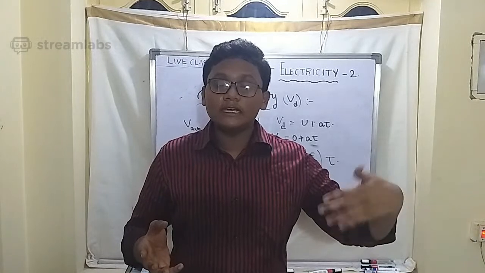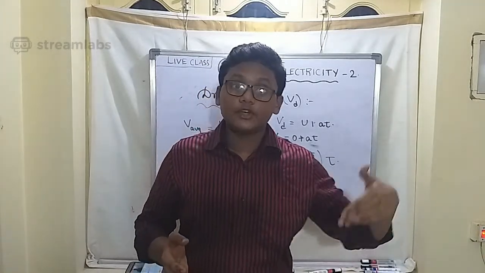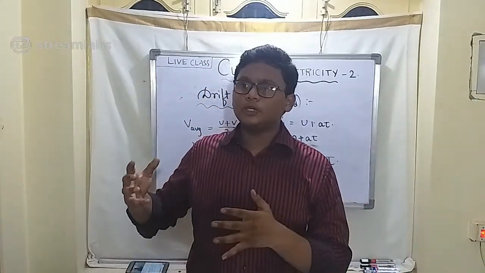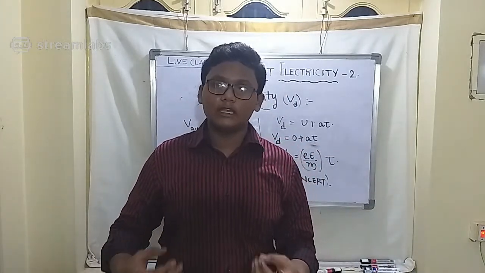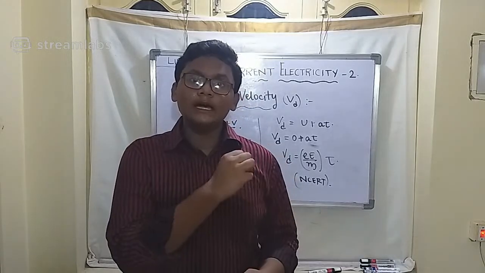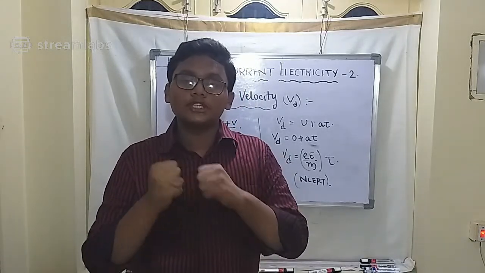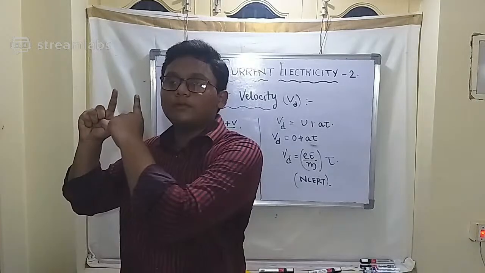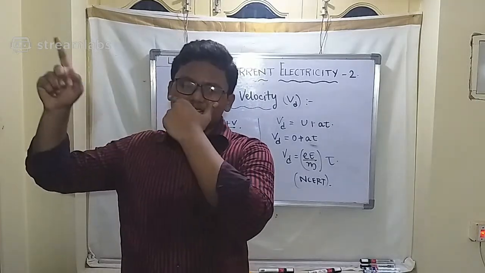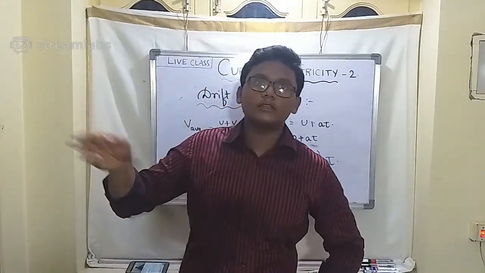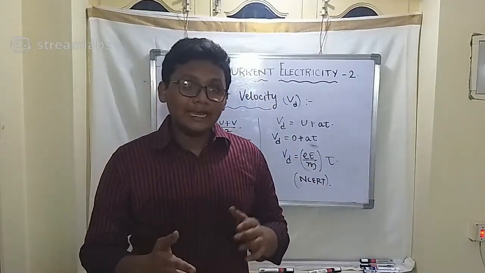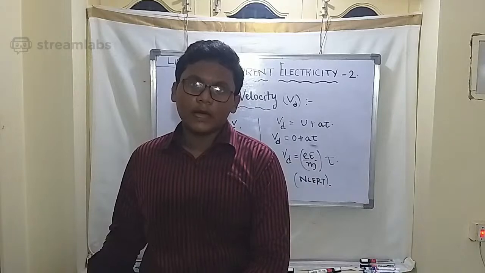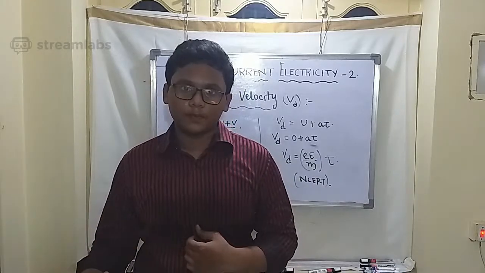Before that, in the absence of the power source, due to thermal energy, due to the heat, the electrons perform random motion with the thermal velocity, nearly 10 to the power of 5 meters per second, and move with it for some time.